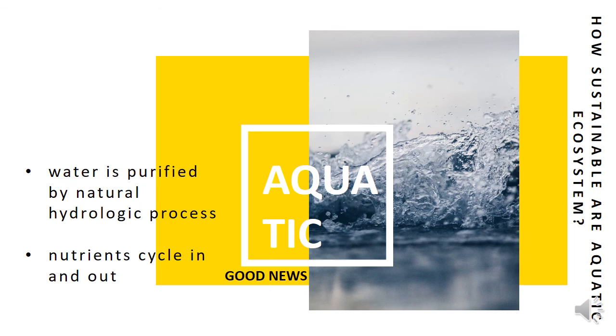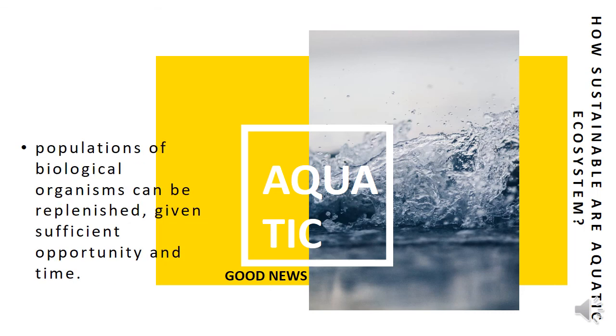The good news is that aquatic life zones are constantly renewed because water is purified by natural hydrologic processes. Nutrients cycle in and out, and populations of biological organisms can be replenished given sufficient opportunity and time.